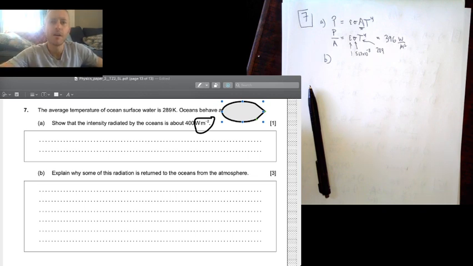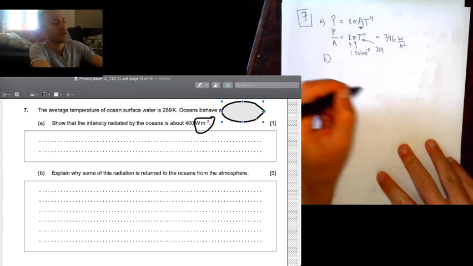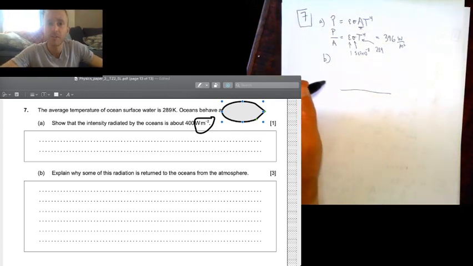Okay. So basically, the atmosphere is not perfectly transparent. Okay.